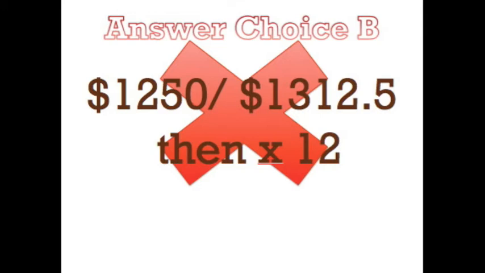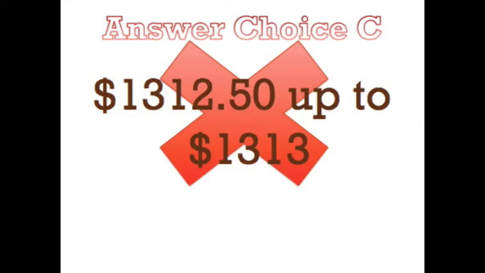Then multiply by 12 months instead of 1 year. They would end up with answer choice B. If the student believes that the final value must be rounded, example, $1,312.50 to $1,313, their answer would be slightly higher as shown in answer C.